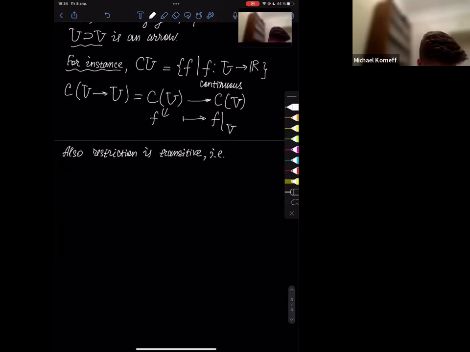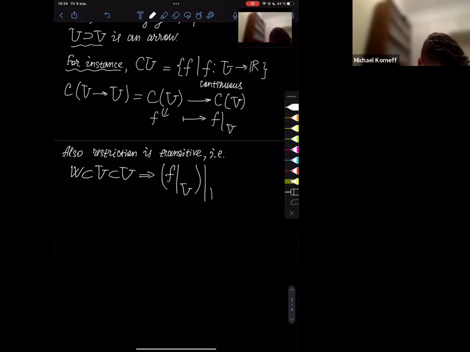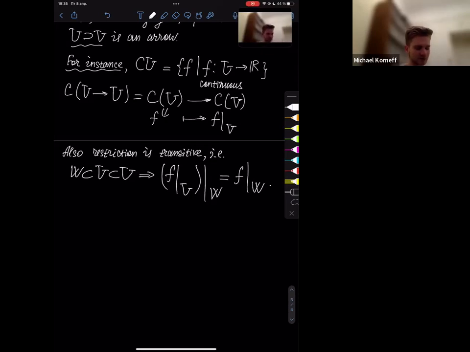That is, if we have these inclusions of sets W, V, and U, then f restricted on V restricted on W equals f restricted on W. This is a natural condition, and this is not a general definition, but a useful example.